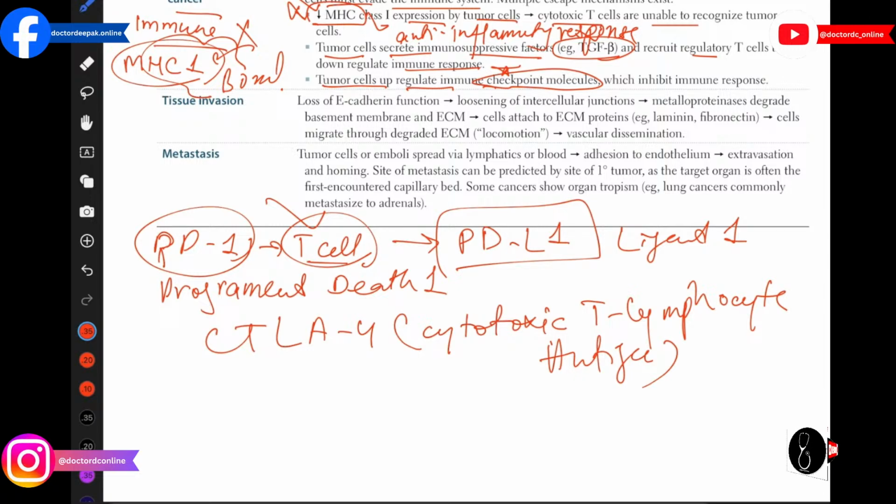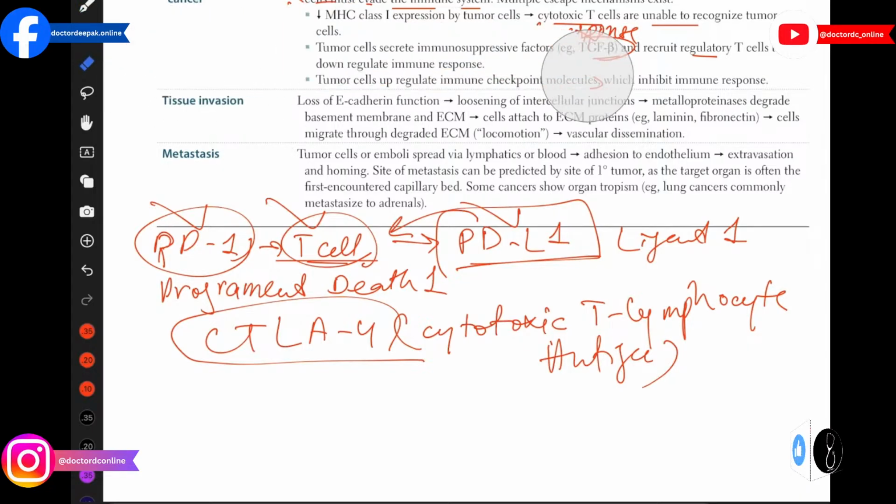Don't forget, it's an important thing, like PD1 and PDL1. PD1 is present on T cells. It will attach with PDL1 and become inactive, and there's one more protein, CTLA4. Okay?